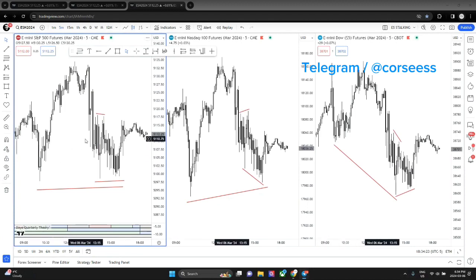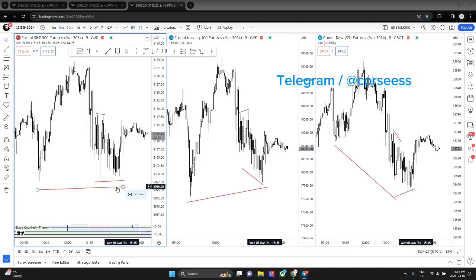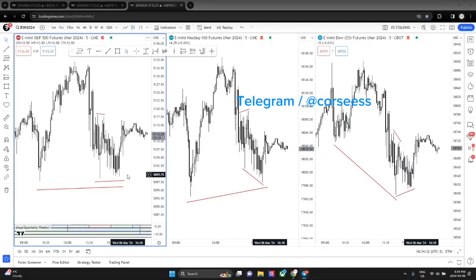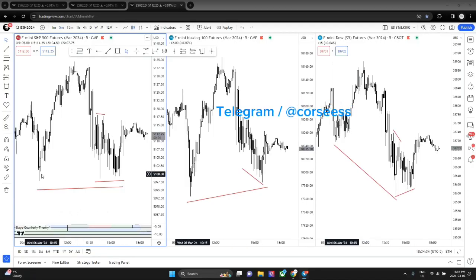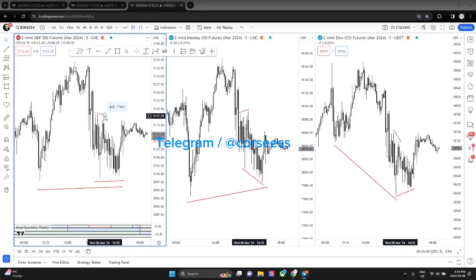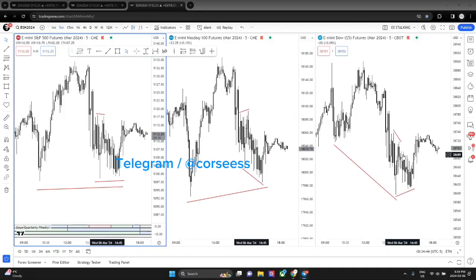So right here, after we had this cracking correlation, sequential SMT between the New York and the afternoon session, we had price rally a bit, right? And it didn't take out this high. This didn't take out this high, and the Dow took out this one.